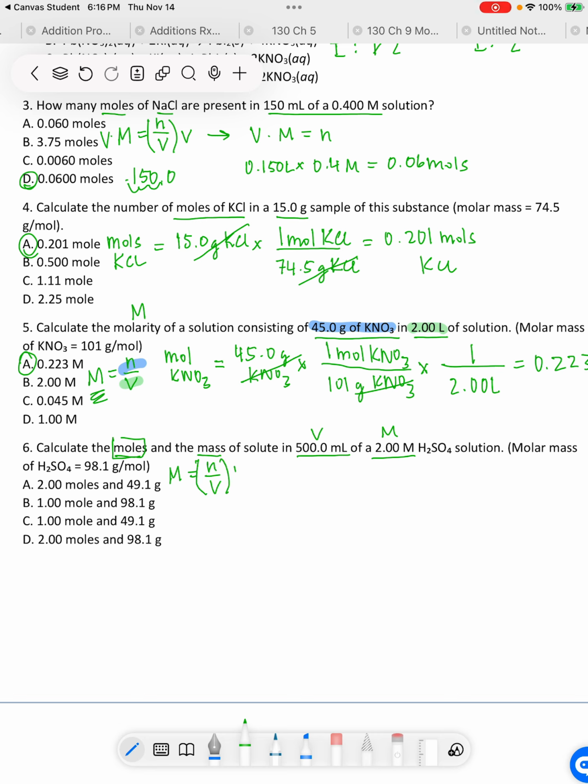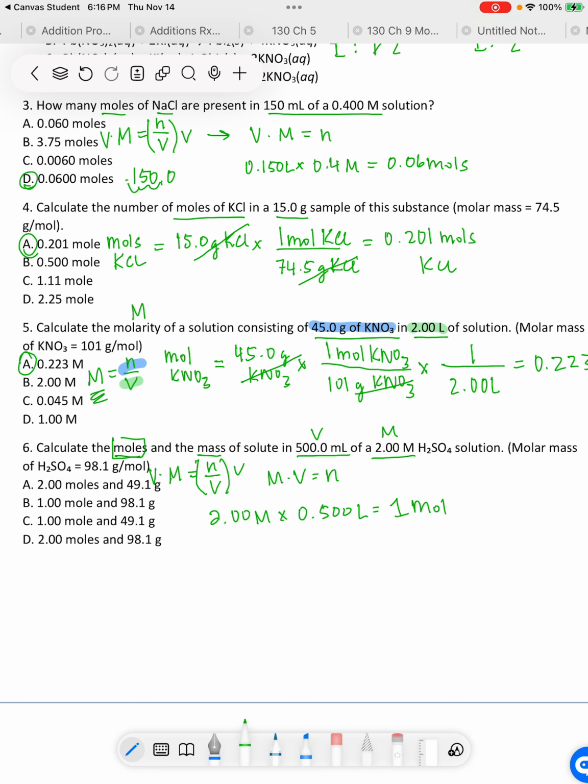So we just multiply out the V, and we get M times V equals moles. So we have 2.00 molarity times 0.500 liters, and that gives us 1 mole.